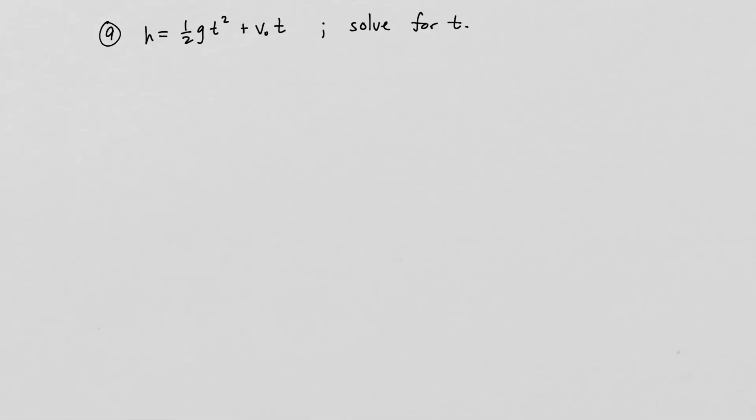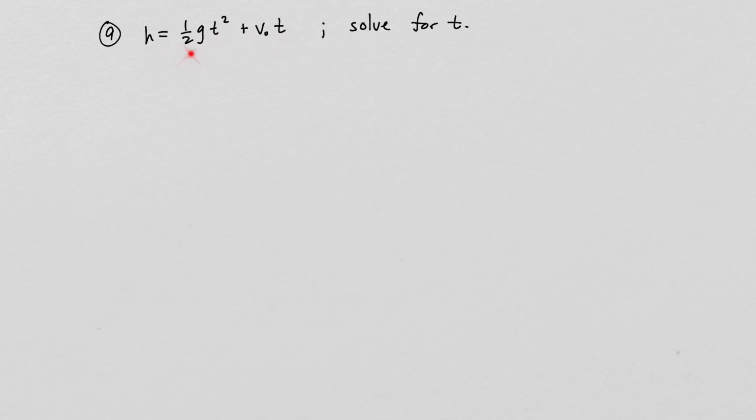Now our final example is probably the most theoretical and maybe the most confusing one in this whole set. We have an equation here involving several variables, and we're asked to solve for the variable t. Now I want you to notice we have a t squared here and we have a t here.